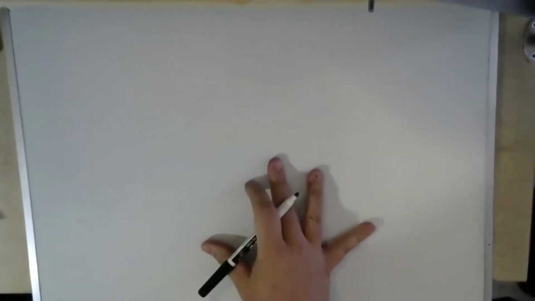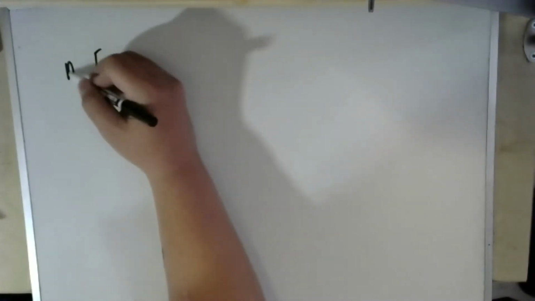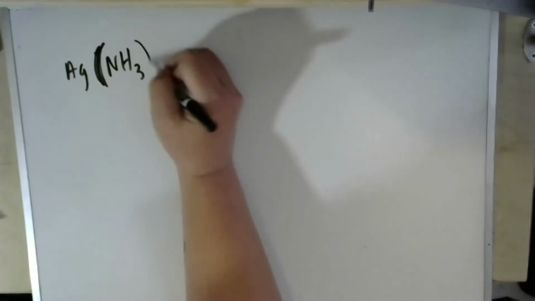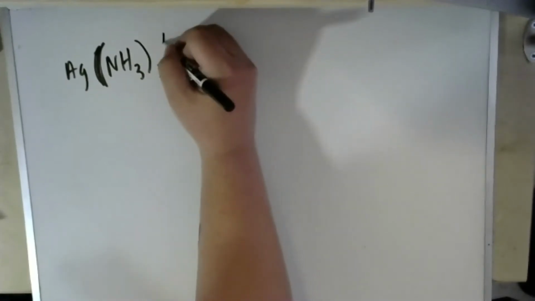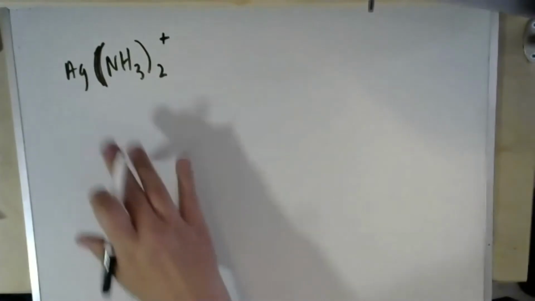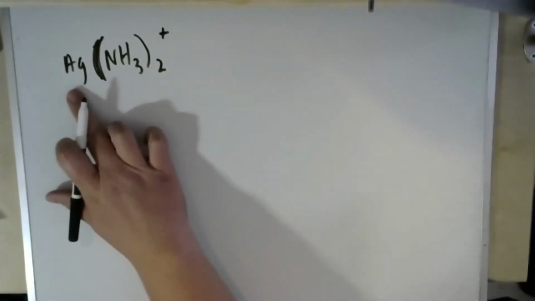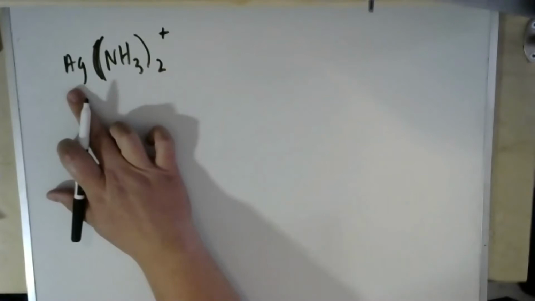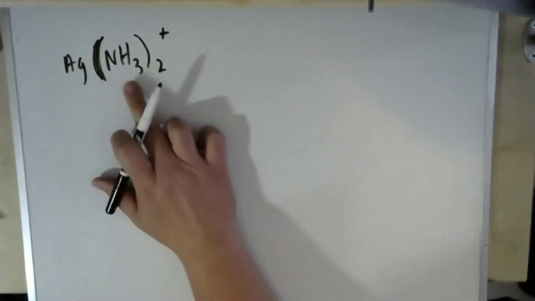If you have something like the complex ion Ag(NH3)2 plus, we're going to look at the formation process of this. Okay, so this is a complex ion because you have one silver that's going to be acting as your metal cation, and you have two ammonias, and these ammonias are going to act as ligands.